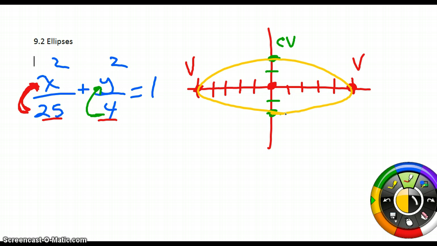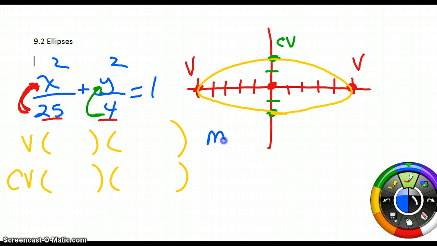You'll be asked to identify the vertices, which means that you'll label those, and you'll be asked to label the co-vertices. One other vocab word is you'll be asked about what's called the major axis and the minor axis.